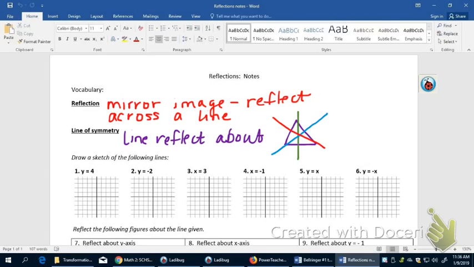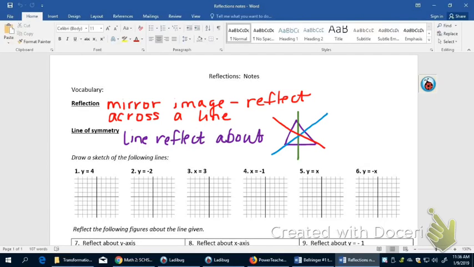All right. So before we talk about reflecting certain things across certain lines, let's remind ourselves what these lines look like. You probably did these in Math 1, but for some of you it's been a while, so let's talk about it. When it says y equals 4, what that means is I want to go to the y-axis at 4, and then I want to draw a line through it.